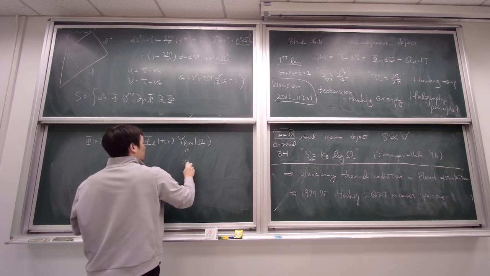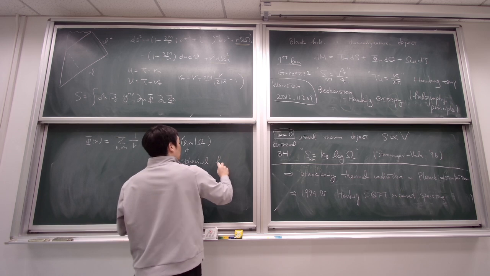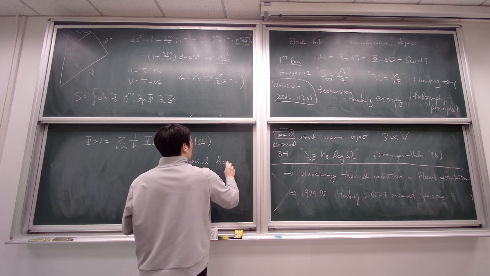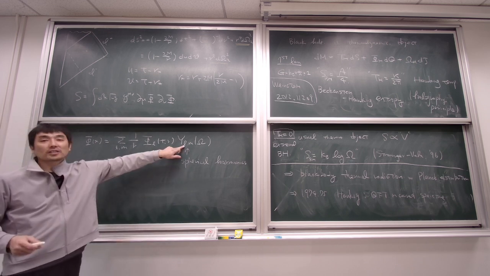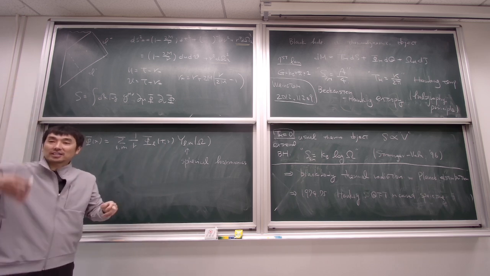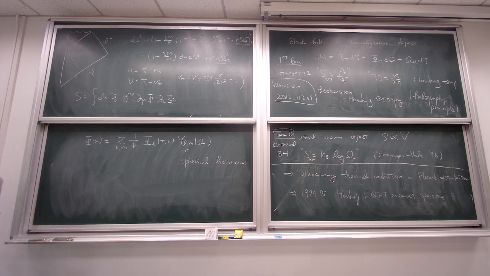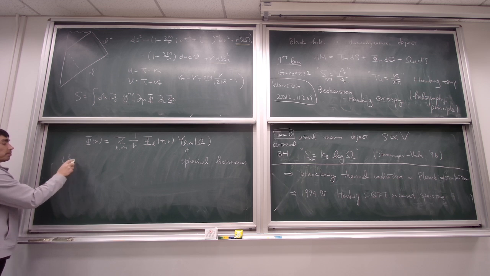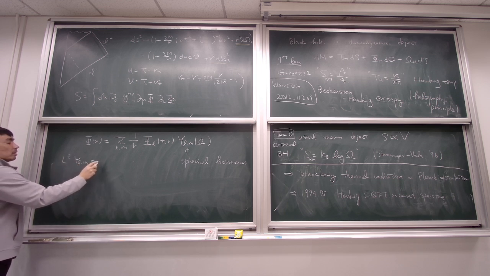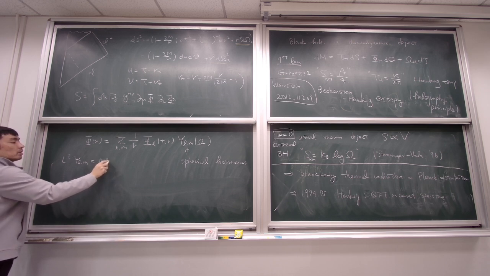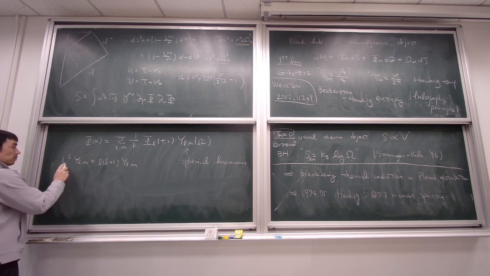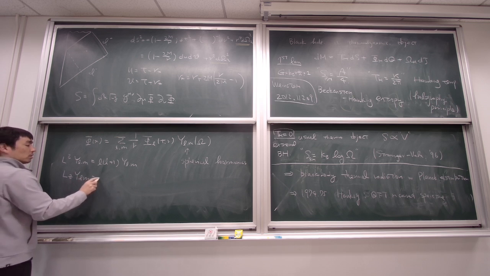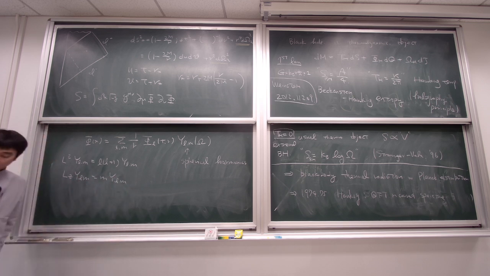This is the spherical harmonics, where l is the total angular momentum and m is the eigenvalue along the z-axis.